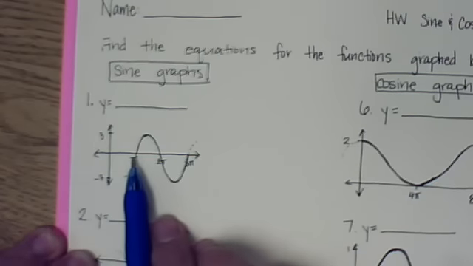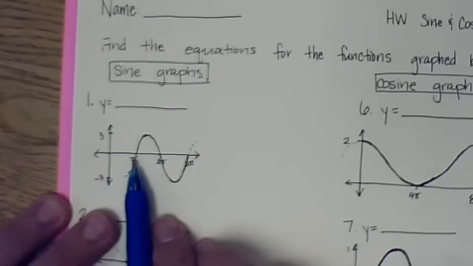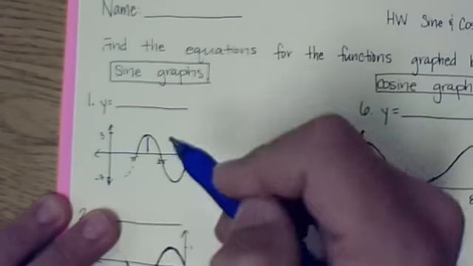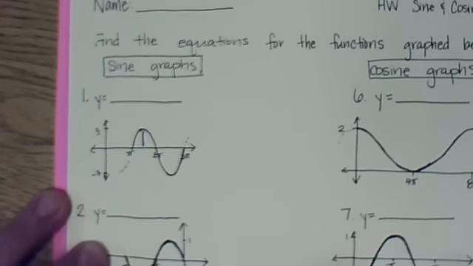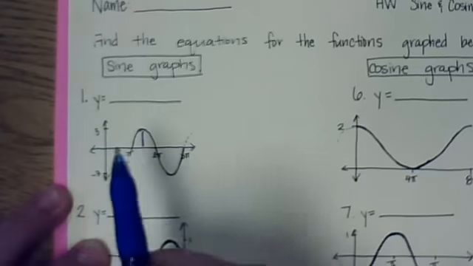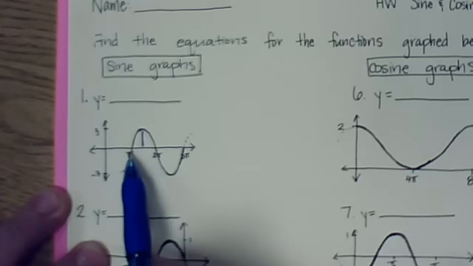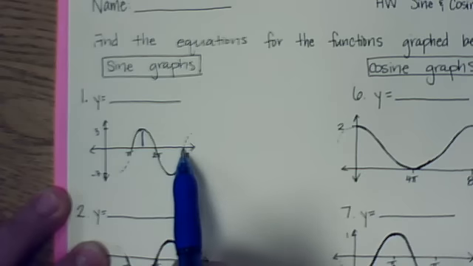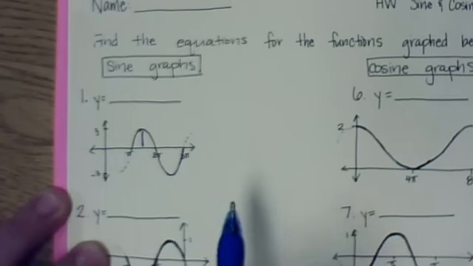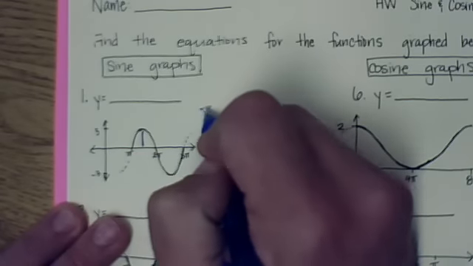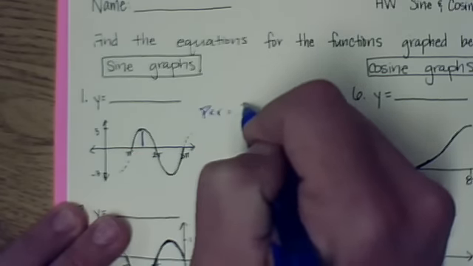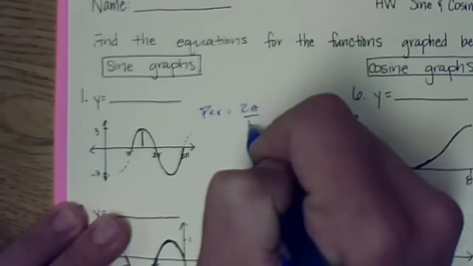Here you've got a sine graph. The amplitude is now 3. So that's your vertical stretch. The period goes from pi, it completes a cycle at 3 pi, so the period is still 2 pi. Earlier I told you that period equals 2 pi over b.